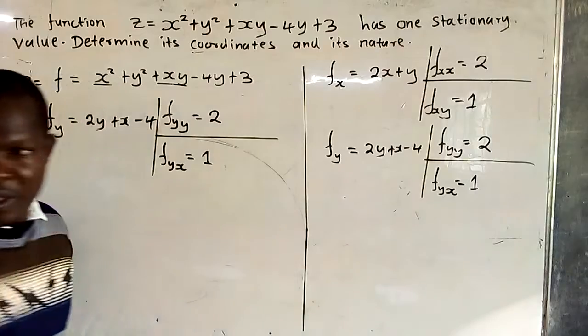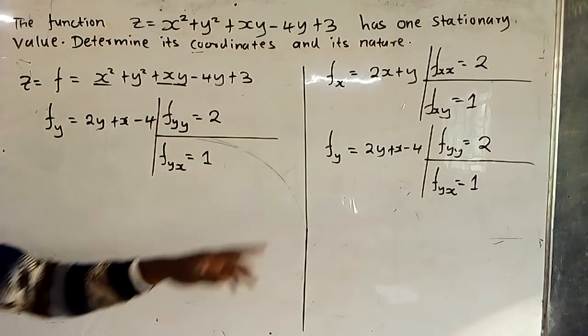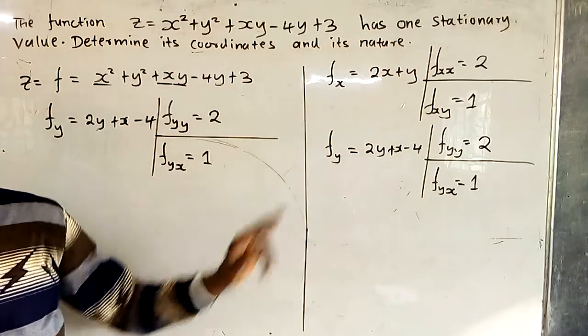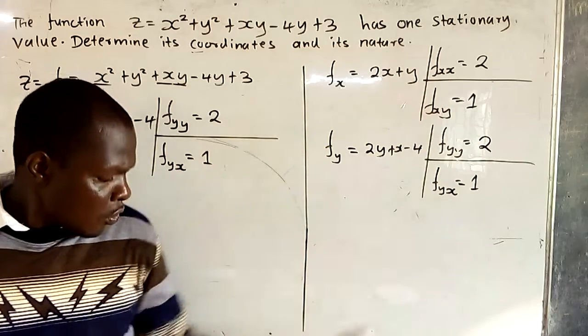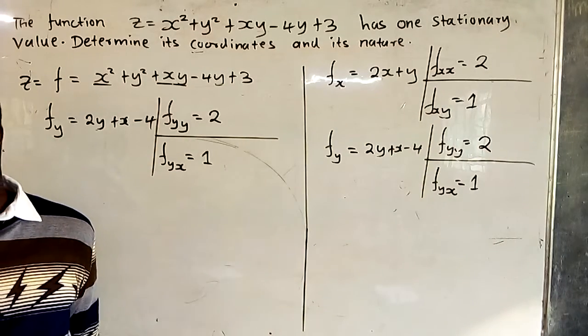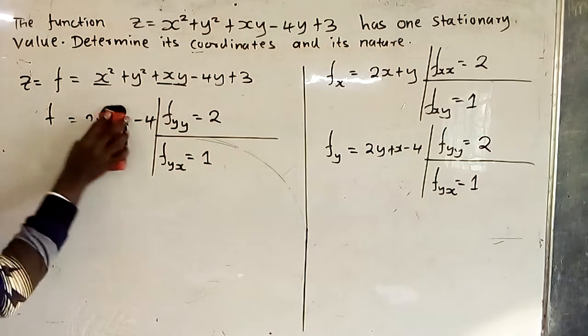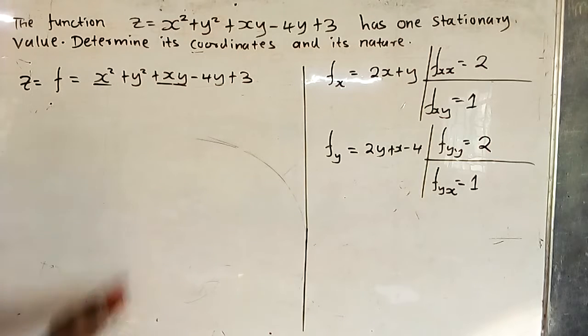Then we found 1. Are we together? So what have we done? We found the 6 partial derivatives. The first 2 will help us get the stationary point. The next 4 will help us determine its nature. Are we together? The first 2 will help you get the stationary point. Then the next 4 is nature. So we are done with this function of z.